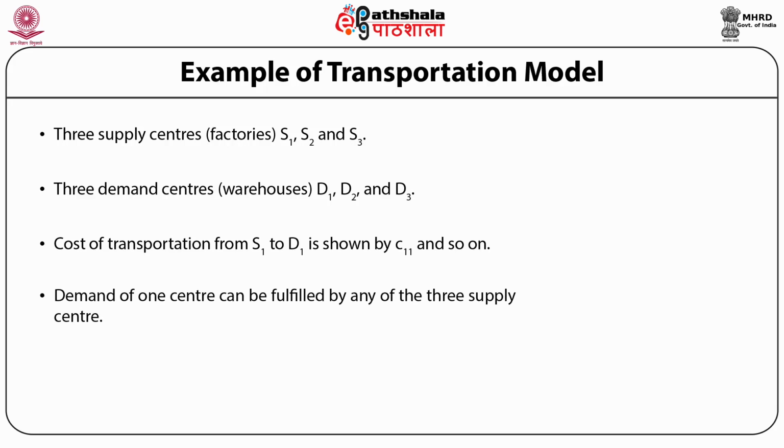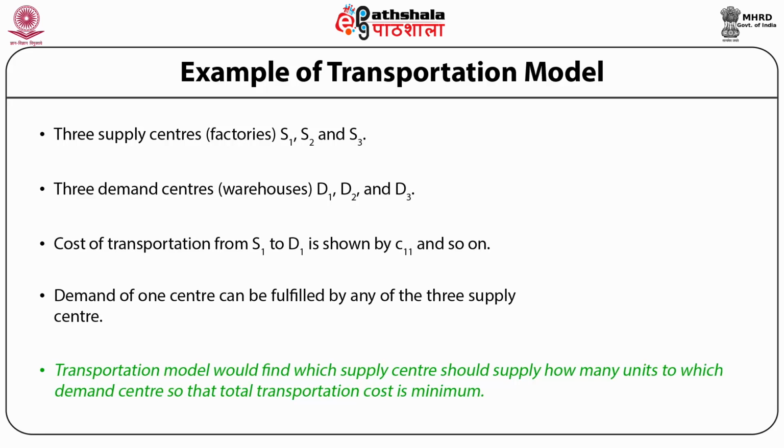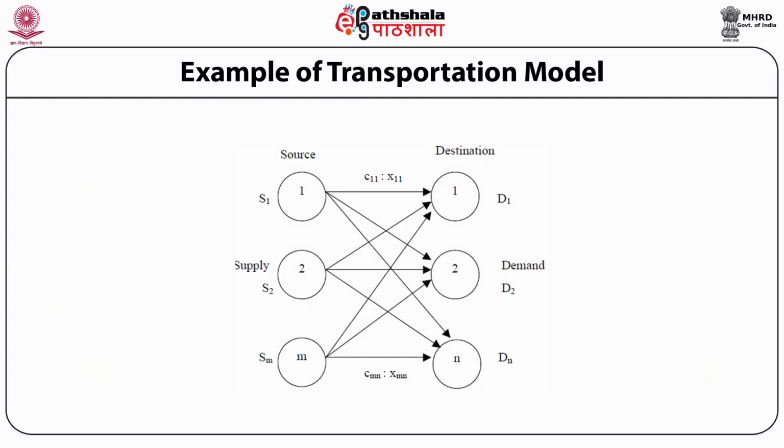Demand of one center can be fulfilled by any of the three supply centers. The transportation model would find which supply center should supply how many units to which demand center so that total transportation cost is minimum. To understand the number of scenarios in which the demand of each demand center can be fulfilled from various centers, this figure is quite illustrative.